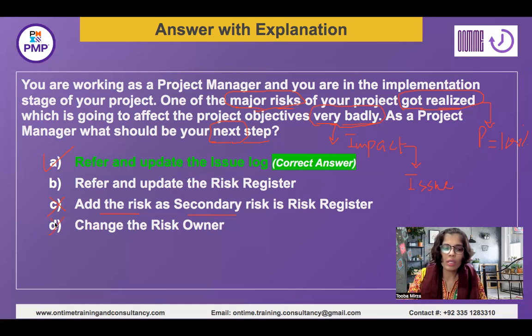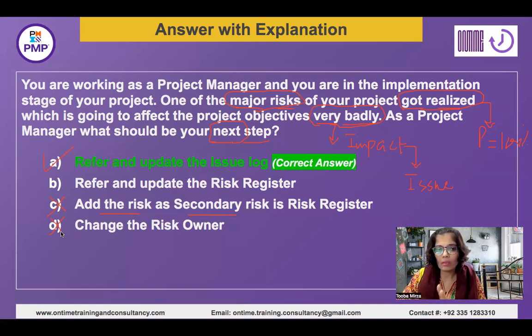Change the risk owner. Just because the risk has occurred and been realized and already had a negative impact, it doesn't imply that all the fault belongs to the risk owner.